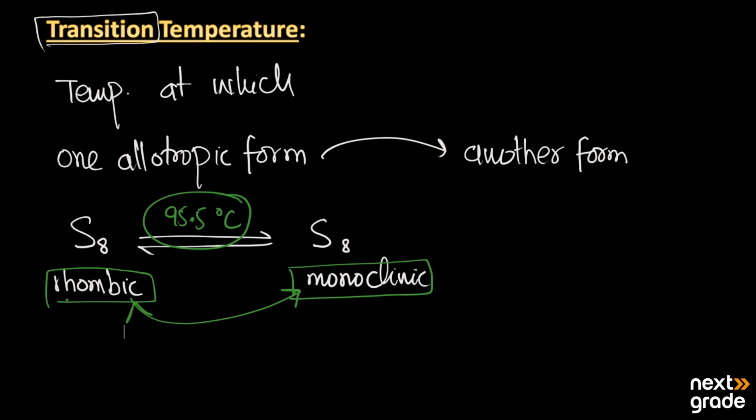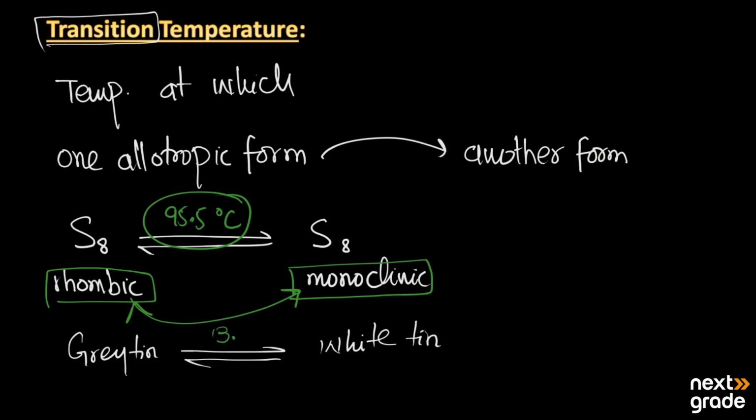Next we have another example, tin. You can write it as gray tin. It is converted into white tin, and here the transition temperature is 13.2 degrees Celsius.